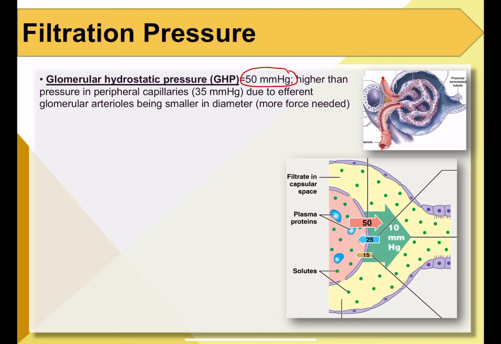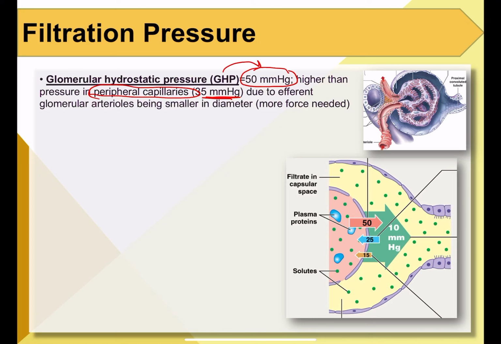For peripheral capillaries, we said that CHP, capillary hydrostatic pressure, was 35. But the GHP, glomerular hydrostatic pressure, is a little higher because there's an efferent glomerular arteriole versus an afferent arteriole.